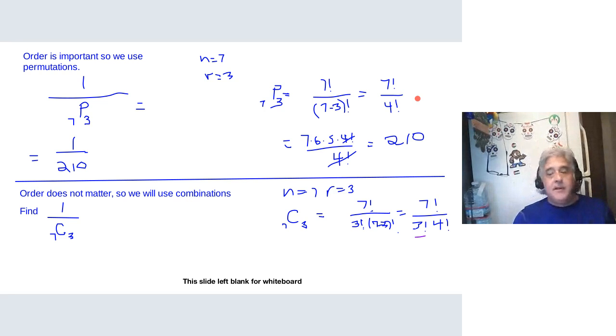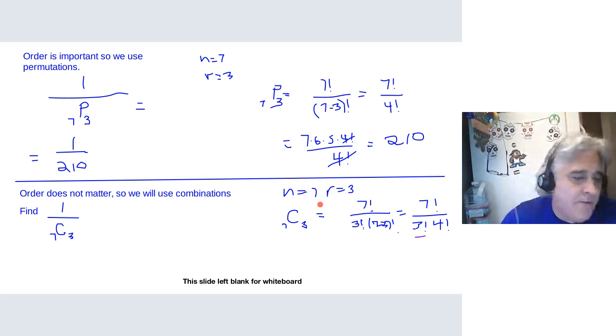We could just take 210 and divide by 6, but I'm going to take it the long way just to show you, because you may not always do this one first. But you can do that real easy by just finding out what the 3 factorial is in this case, or whatever your factorial is for that R, and dividing your permutations by that. So it's the same thing.